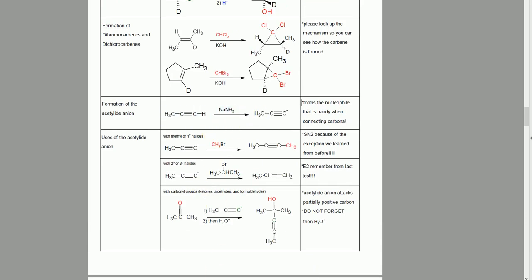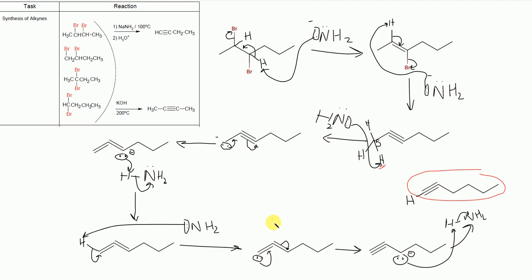I'm using NH2. So because NH2 is a strong enough base to abstract this terminal hydrogen on this terminal alkyne, we're going to go a step further, and the reaction is not going to stop, right?